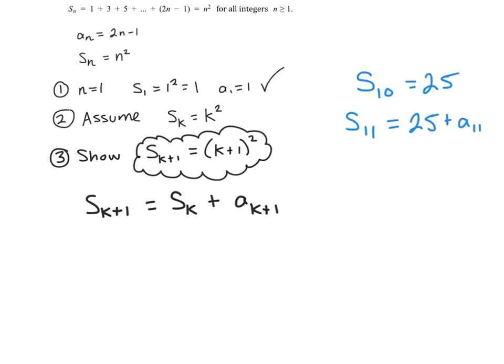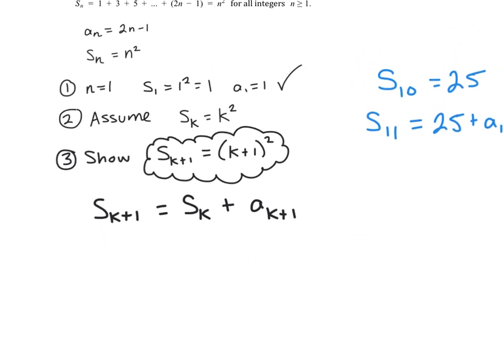So the next thing we can do is substitute right here. We've already defined s sub k as k squared. We are making that assumption and we're stating it as a fact. So I'm going to substitute k squared for s sub k because we are assuming that they are equal. Now I need to figure out what this is.